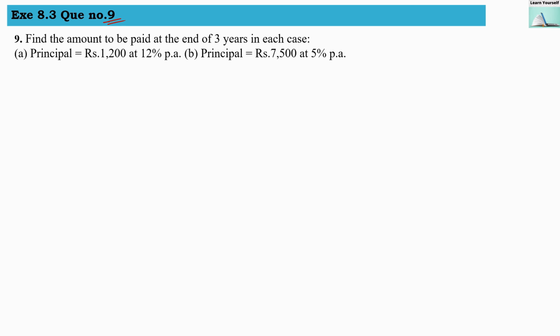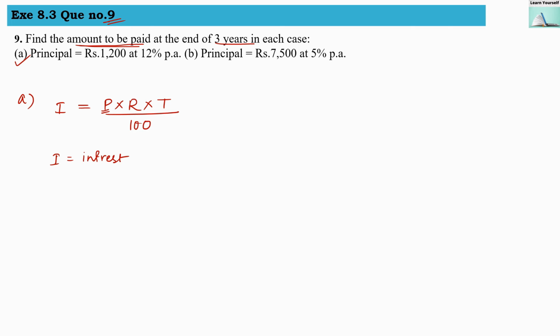Question number 9. Find the amount to be paid at the end of 3 years in each case. So let us take the first numerical. Here we are going to find the amount to be paid, and in this numerical we are going to use this formula: I equals P into R into T divided by 100. So I is interest, what we have to pay after taking the principal amount.